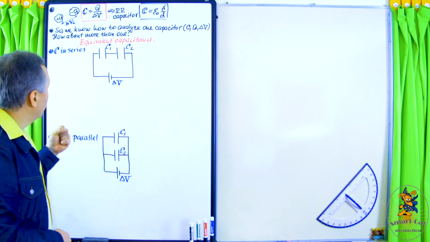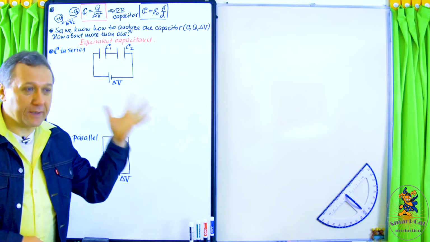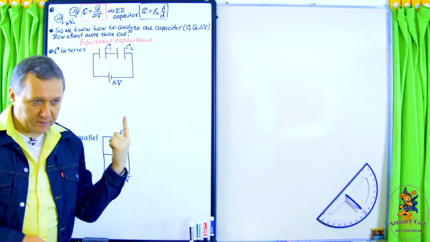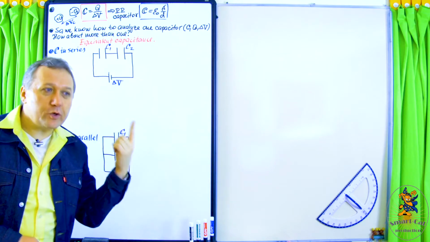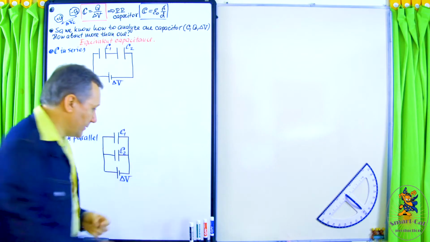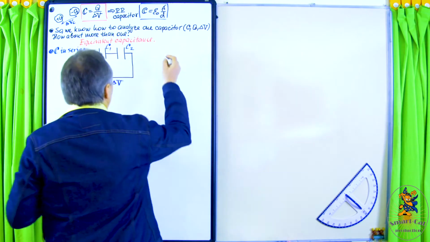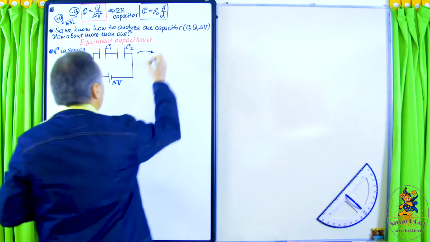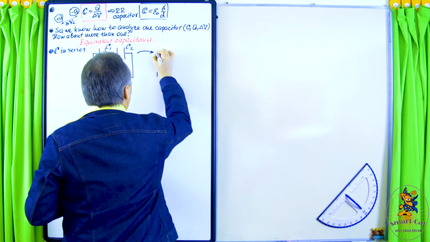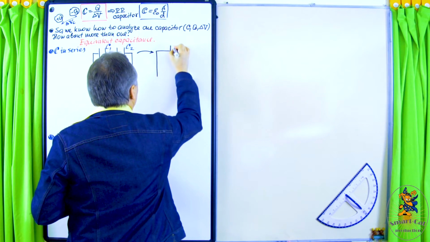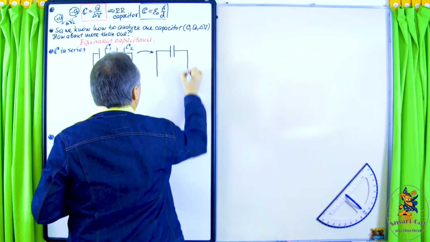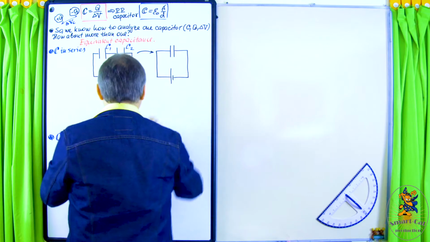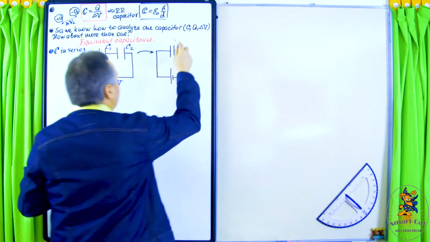And so what's the idea? The idea is that you want to replace all these capacitors with a single capacitor, which we are going to call an equivalent capacitor. Okay, so I can redraw that this real circuit can be replaced with the simplest possible circuit where we have only one capacitor, which we call C equivalent.